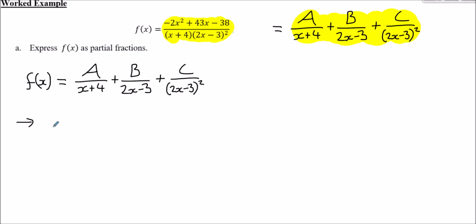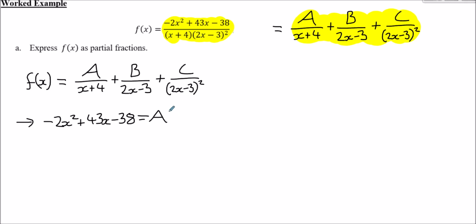So we'd have minus 2x squared plus 43x minus 38 equals a. So x plus 4 times x plus 4, these two would cancel. That multiplied would cancel that denominator.